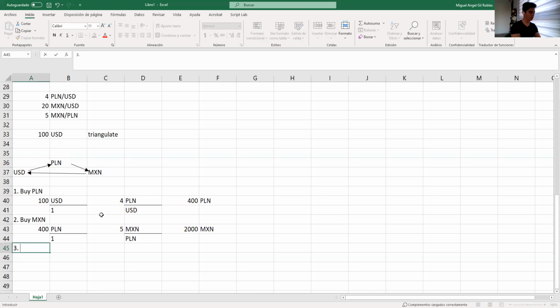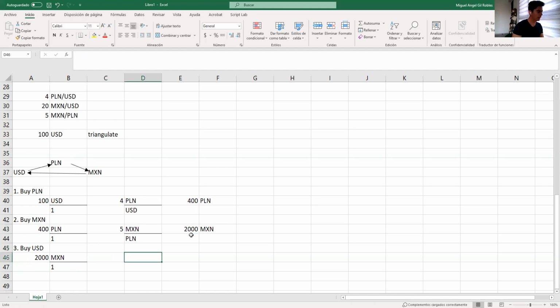So step 3 is to buy dollars again. Now I have 2,000 pesos. I need to write the exchange rate for pesos to dollar, because this is the one I am talking about. It is 20 pesos over dollar.